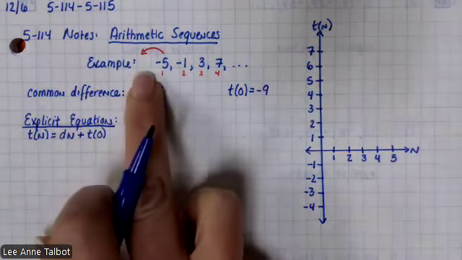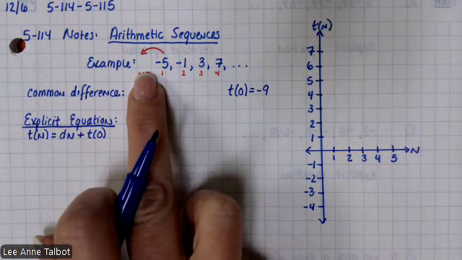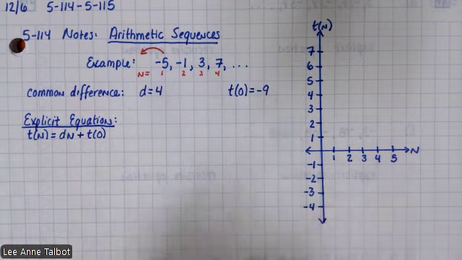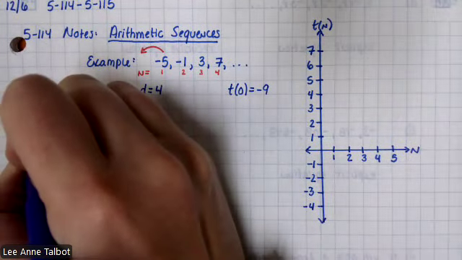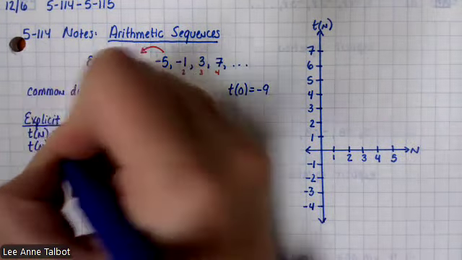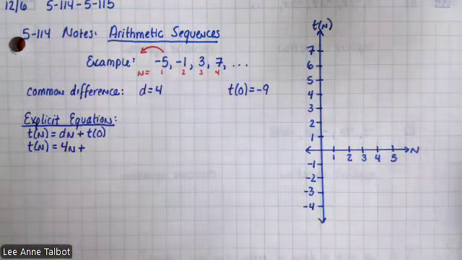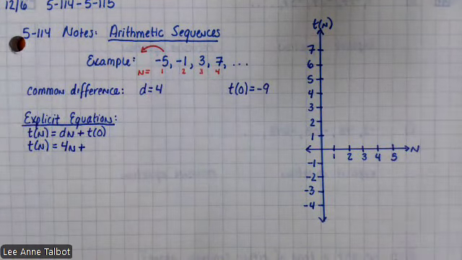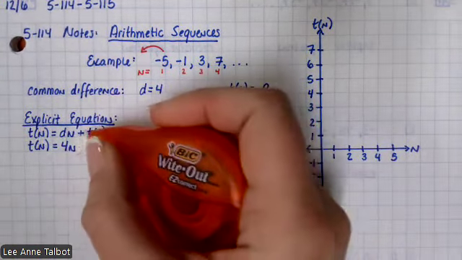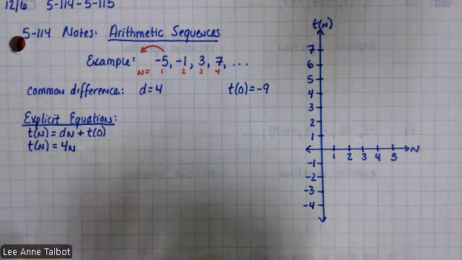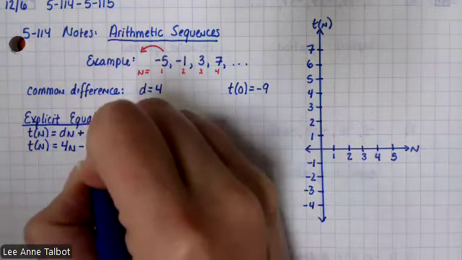I don't want to put -9 there because it's going to make it look like -9 is part of the sequence, and it's not. So I'm going to write it over here. So my explicit equation is T of n equals 4n minus 9.